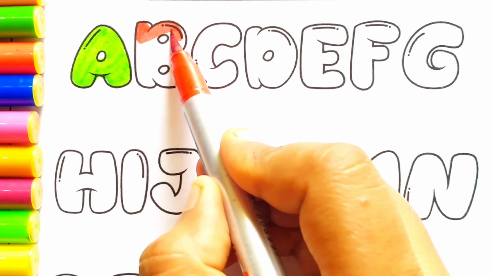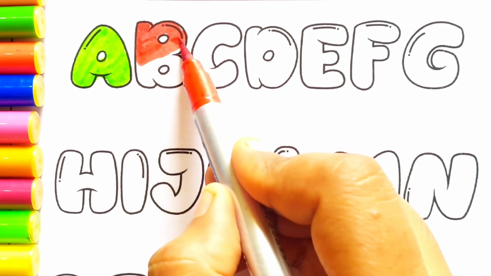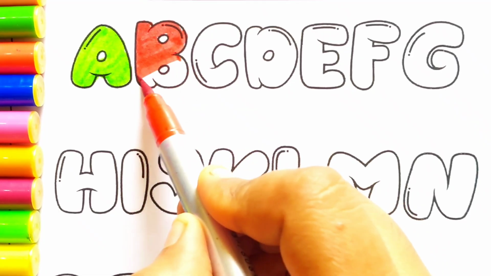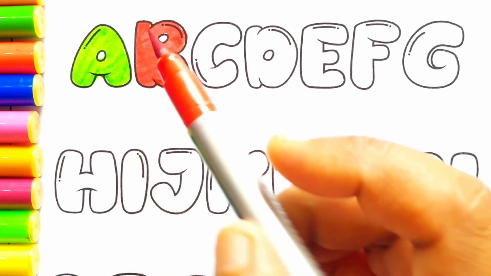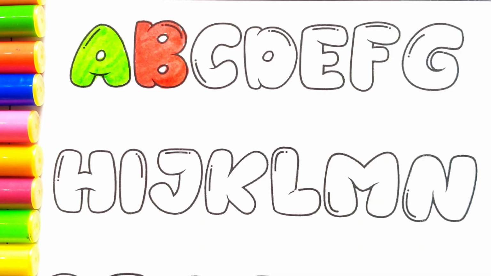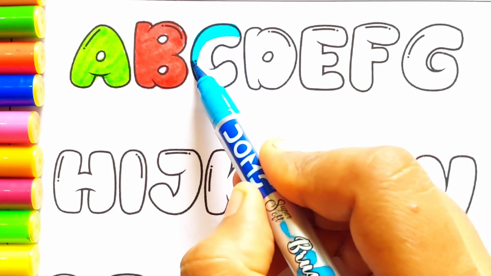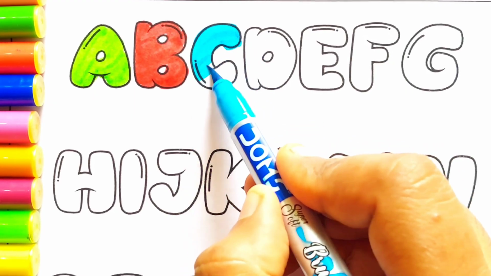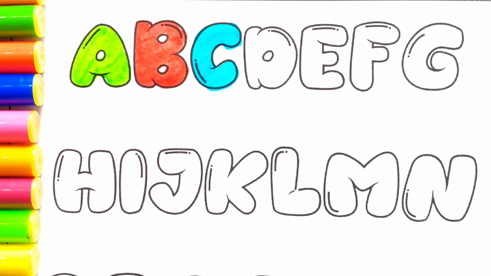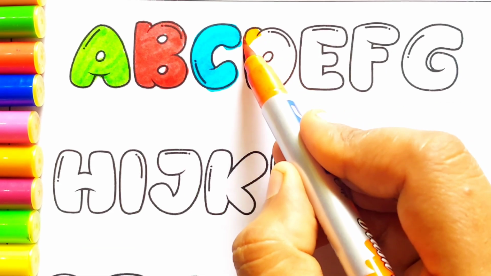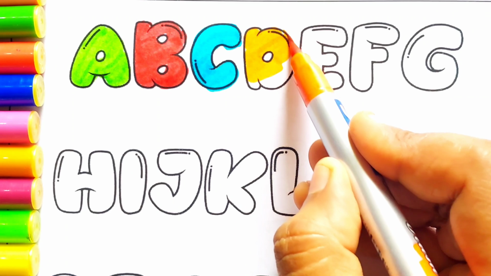B is for balloon. C is for candy. D is for dot.